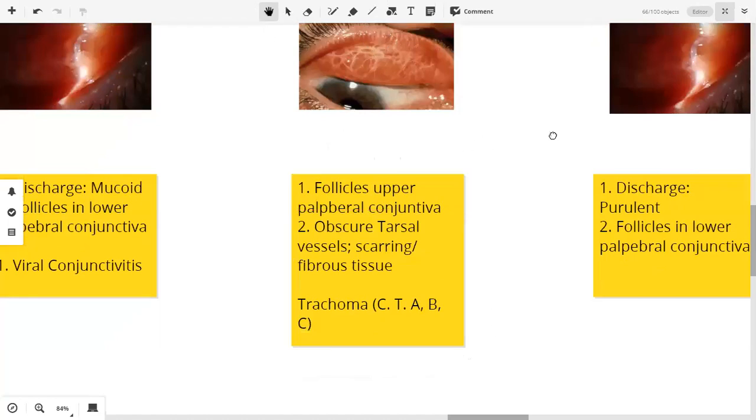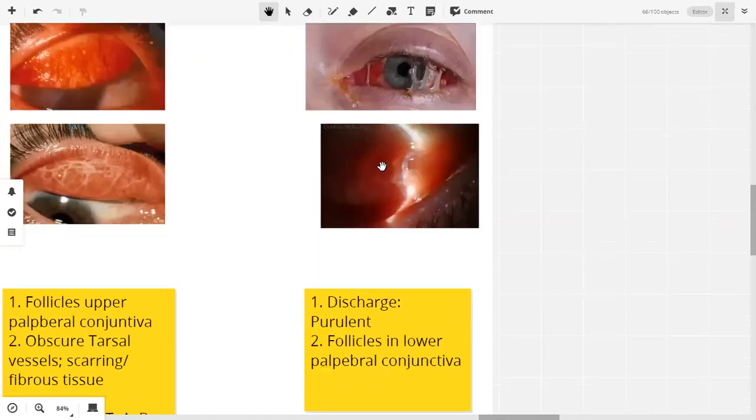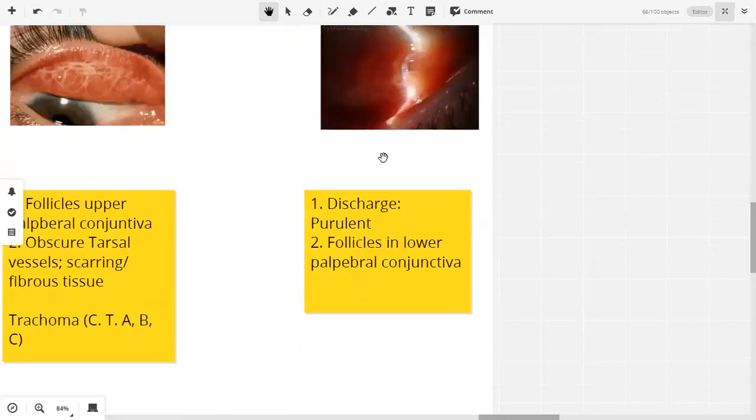Why? Because of our third diagnosis, which is very important. Now, the discharge in this case is purulent, which means that there's a bacterial etiology. But we also have follicles in the lower palpebral conjunctiva with purulent or mucopurulent discharge.